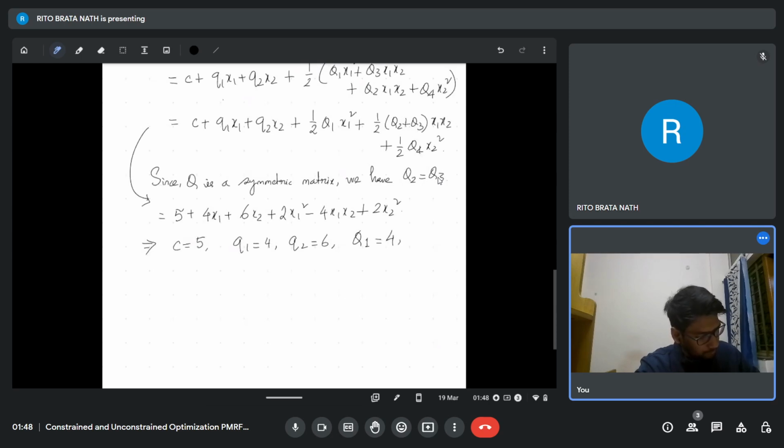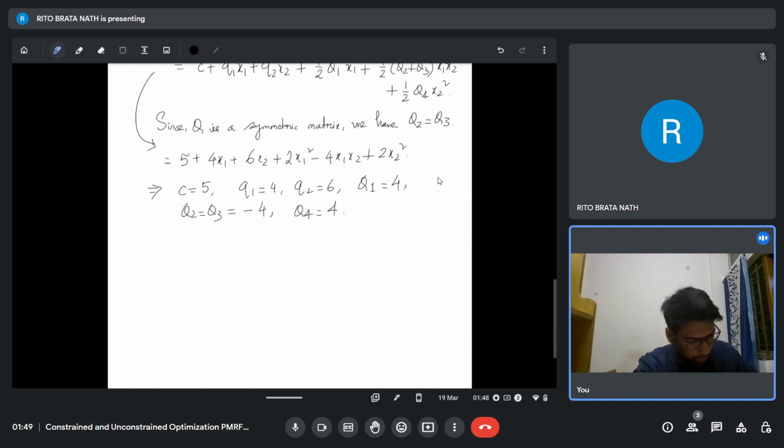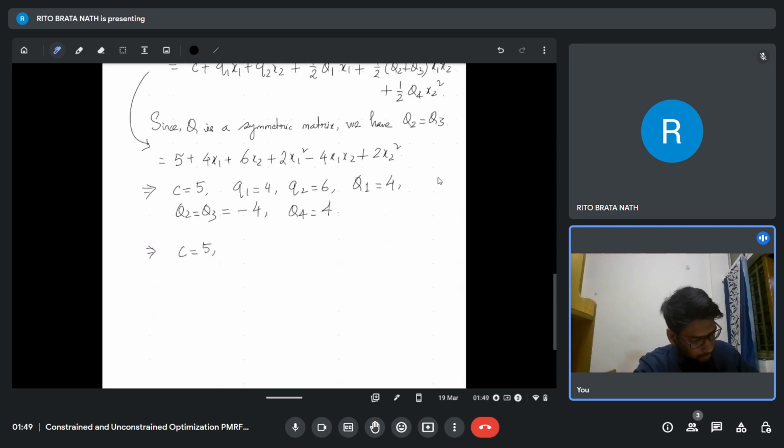Then Q2 equals Q3, so both will be minus 4, and finally Q4 equals 4. So that means you have C equals 5, small q equals 4, 6, and capital Q equals 4, minus 4, minus 4 and 4.